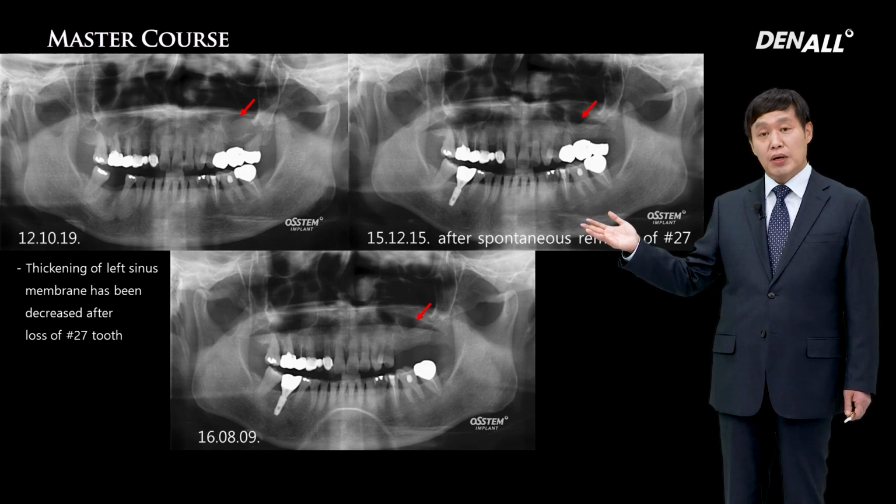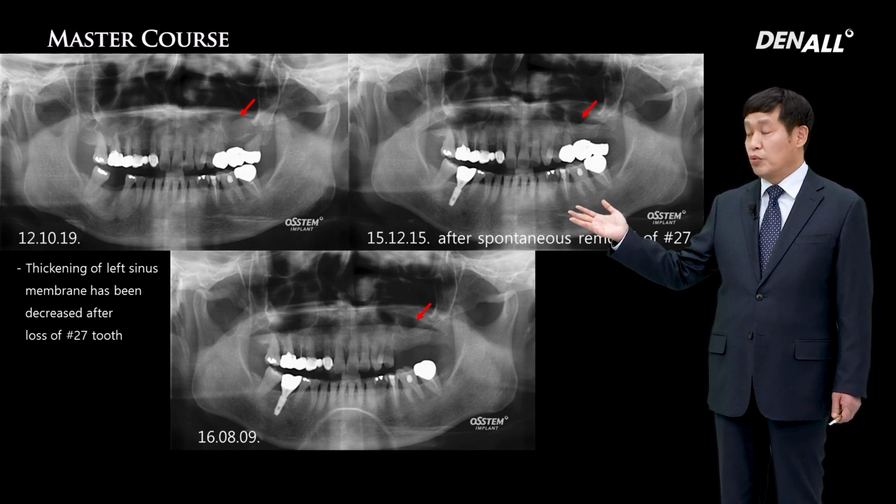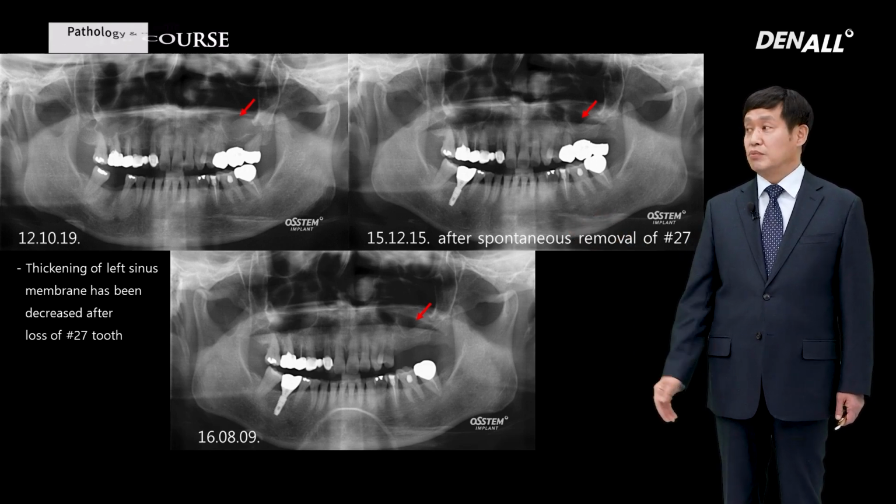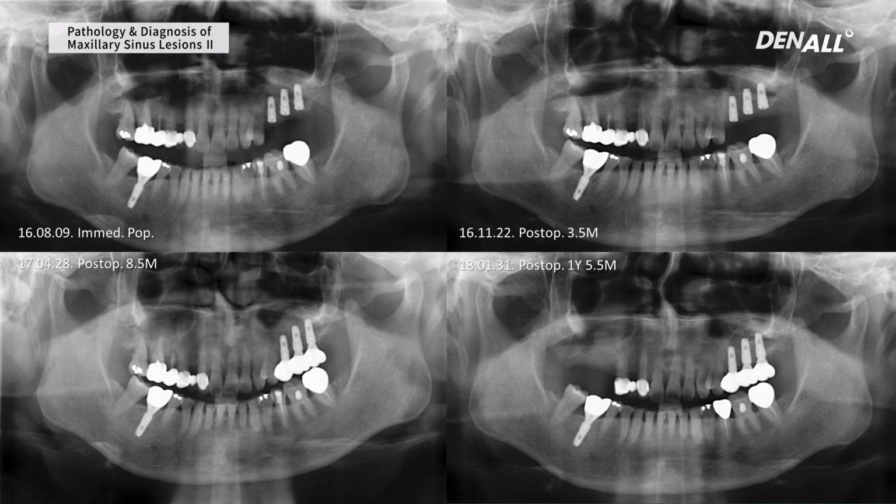In the panoramic image, in the sinus floor, mucosal thickening can be observed. In the case of this patient, 3 implants were placed, the sinus graft was done. After 1 year, 5 months later, 6 months later, the overall condition on the panoramic image, there is barely any mucosal thickening.